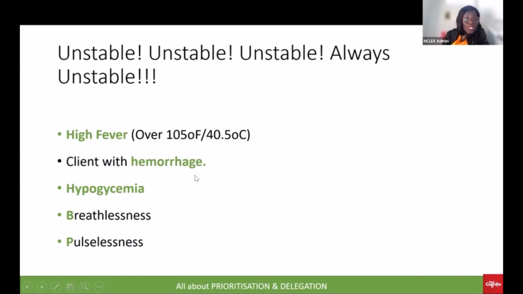Client with hemorrhage. That client can bleed and end in shock. Hypoglycemia has to be prioritized. Breathlessness, pulselessness in your client, always unstable, always unstable.